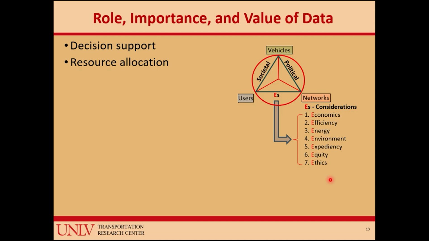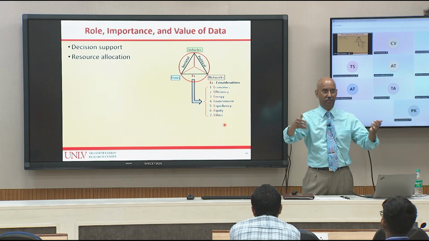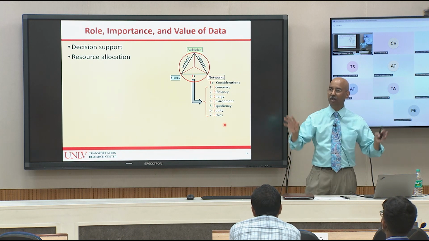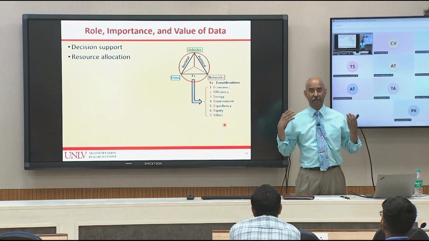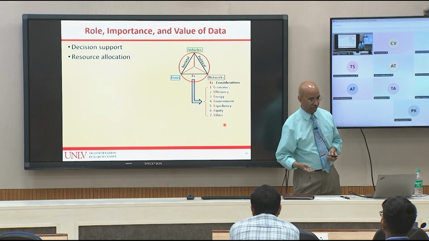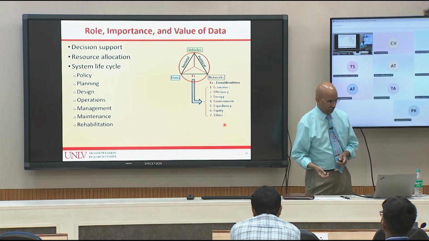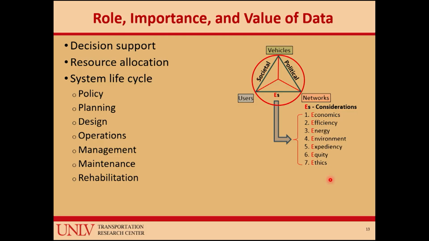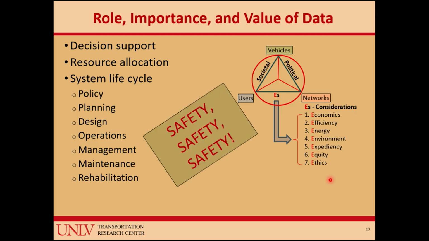Your users think that those who are building and operating the transport facilities are operating in an ethical manner. So do not compromise on your ethics. And so through the life cycle, from policy through rehabilitation: safety, safety, safety. That's at the heart of everything.